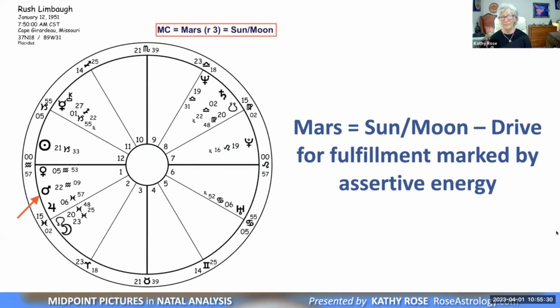Okay, there's more. Let's look at Mars equals sun moon. Big change in energy now. Did you feel that? Mars equals sun moon. It's a totally different energy than Venus equals sun moon. And here on screen, if you're out of the country, out of the United States, you may or may not know who this is. It's Rush Limbaugh. Let me explain.